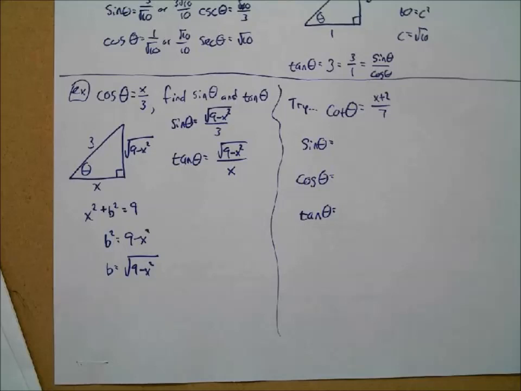Yes, but that's not the only way to get tangent to be 7 over x plus 2. I mean, yes, that would work, but that's not necessarily the case here. For example, sine of theta could be 7 over 2, and cosine of theta could be 2 over x plus 2, and then when you divide them, the 2's will cancel, and you'll be left with the same thing.